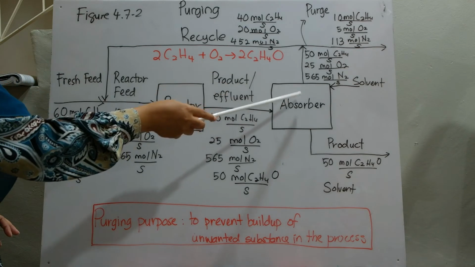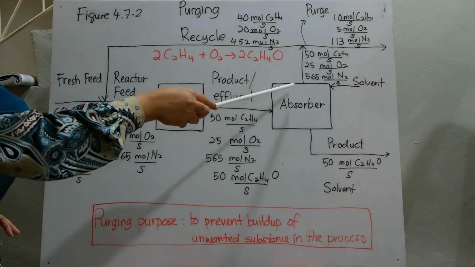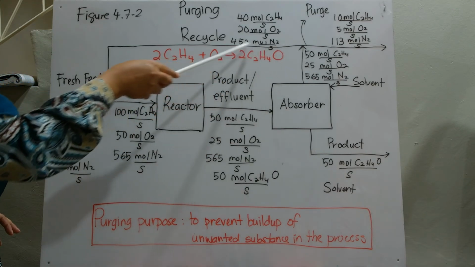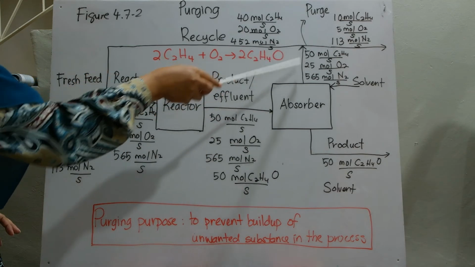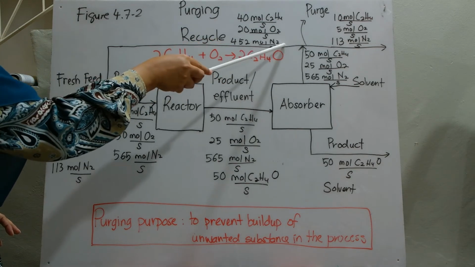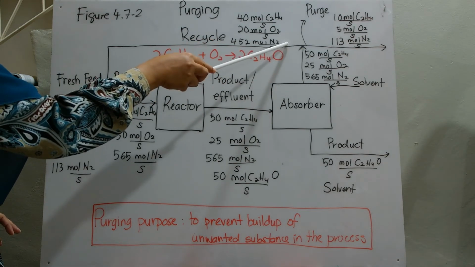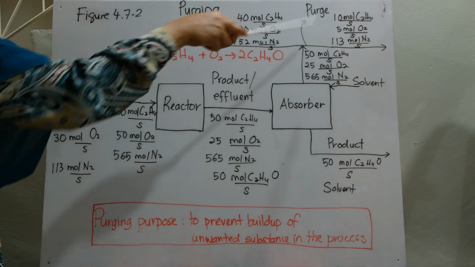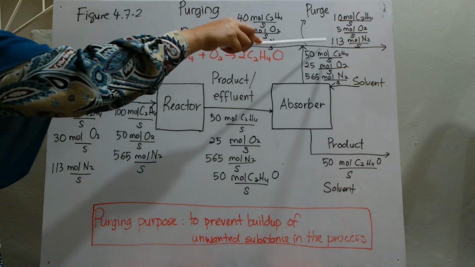You have the absorber, and you have two outlets from the absorber. One is product, and one is the one that goes to recycle initially. But from this line, you split into two. So you will have one recycle, the main stream, and another one is the purge stream. The purpose of the purge stream is to remove nitrogen.